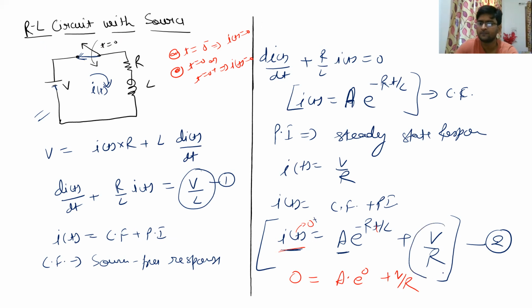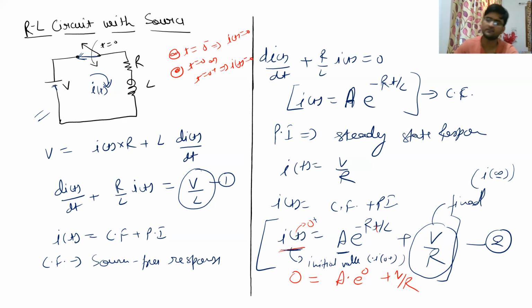And what was this? This was the particular integral, and this particular integral is basically your final value of current. So final value of current, we can call it as I infinity, because infinity is the steady state time we are assuming already. And this 0 value is nothing but your initial value, which is your I 0 plus, right?